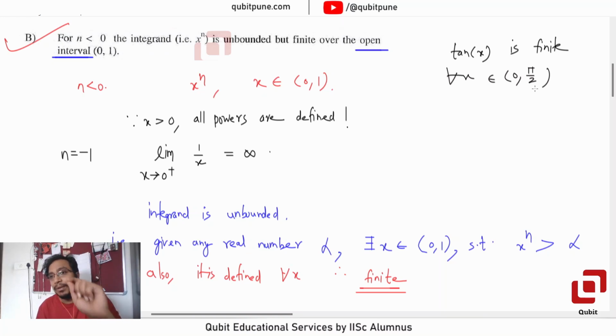By finite, what I mean is, if you take any value in that open interval, we can always evaluate tan there and get a number. That's the same thing which I am saying about x raised to n. But when it comes to unbounded, if we get closer and closer to 0, we'll go on getting larger and larger numbers. So it will surpass every number, but each value will still be finite. I mean, that will still be another number. Got it?